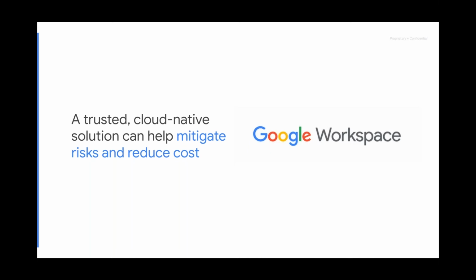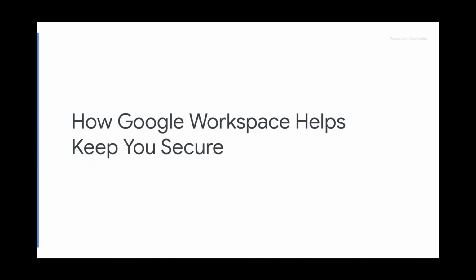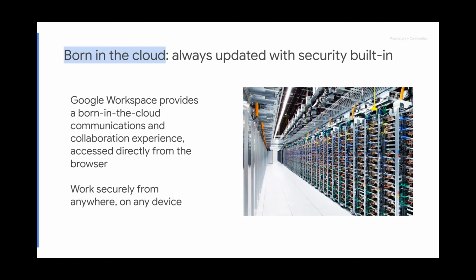With Google being a cloud solution, here's how it works to keep you safe, both from the aspect of removing that legacy security burden of on-prem, as well as trying to mitigate the human aspect of security. The first thing is being born in the cloud, you always have security built in and it's always updated. At any point in time, if you're using Workspace, you have the latest security updates.